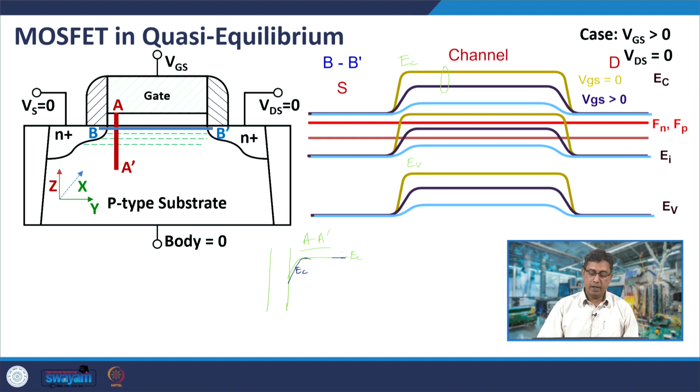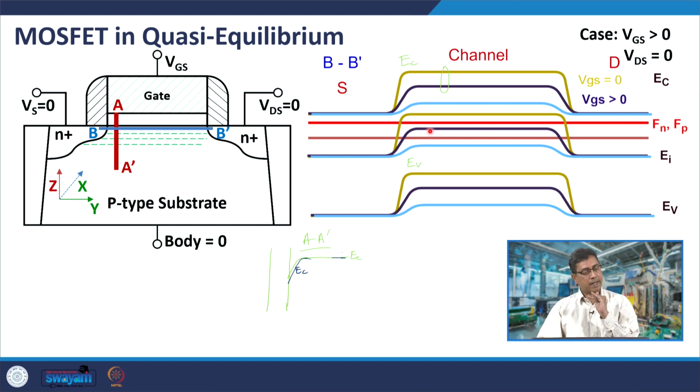So, in the gate, you would observe that the conduction band has moved down; the electron potential, the conventional potential, has increased. Likewise, if you increase the gate voltage further, the conduction band will move further down. As you keep on increasing the gate voltage, the conduction band almost aligns with the conduction band of the source and drain.